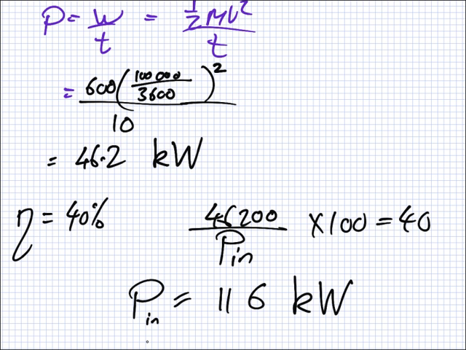Yeah? Makes sense? The car is only roughly half as efficient, so now the engine needs to be twice as powerful to have the same result. Guys, does that make sense? Continue?